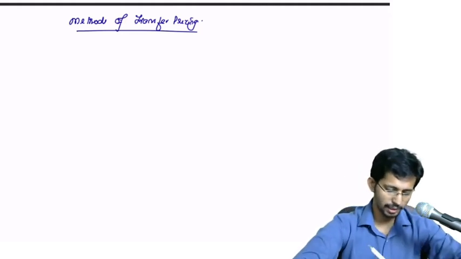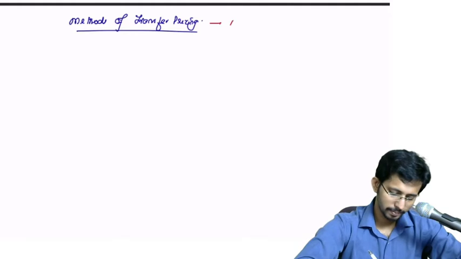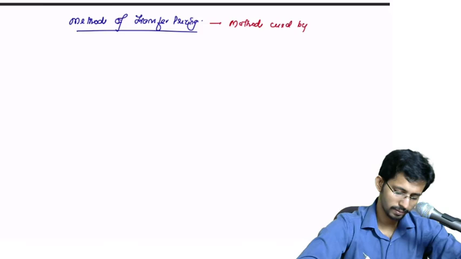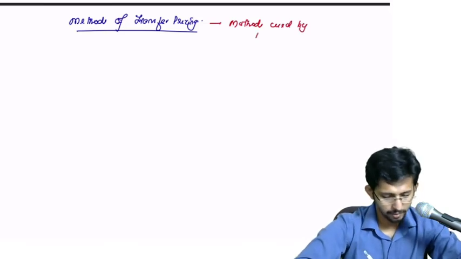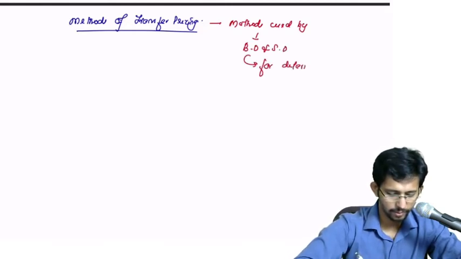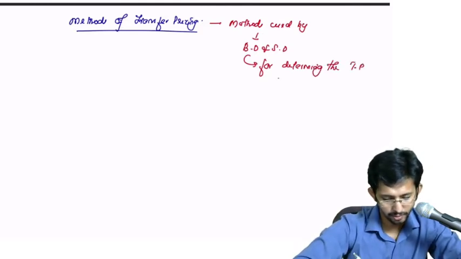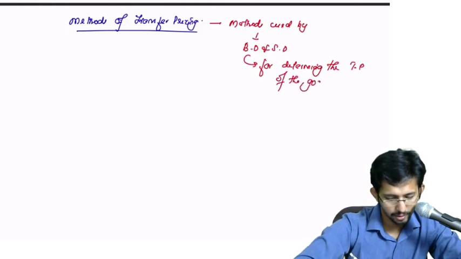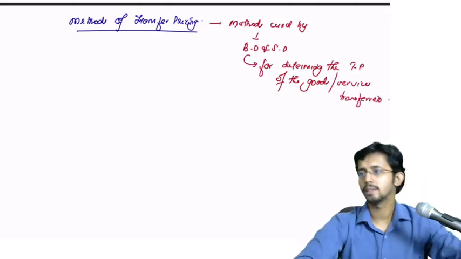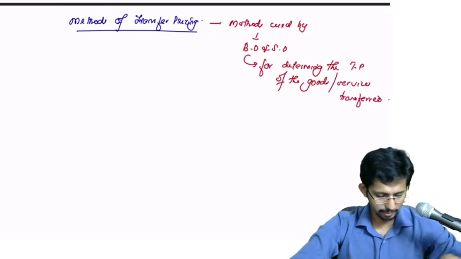Methods of transfer pricing refers to the methods used by buying division and selling division for determining the transfer price of the goods or services transferred internally. Okay, so that is the methods of transfer pricing.